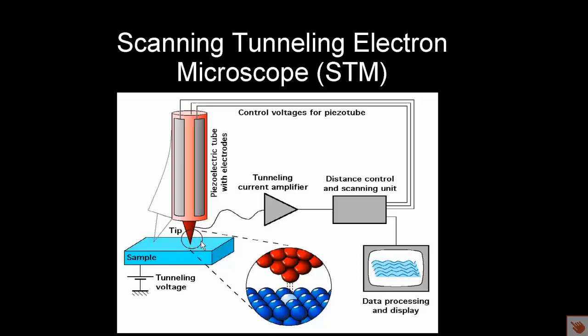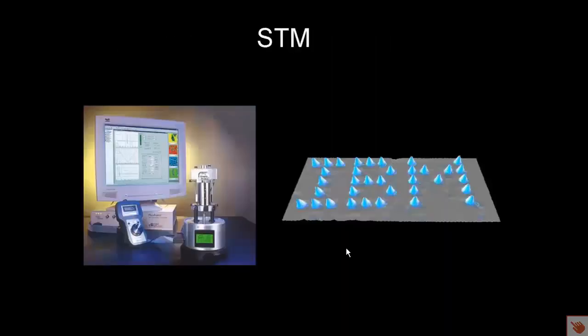The tip is scanned using a piezoelectric actuator which moves the tip over very small distances, and by looking at the corresponding tunneling current and plotting that as a function of the position of the probe, we can obtain images like this, for instance. This is a scanning tunnel electron microscope.